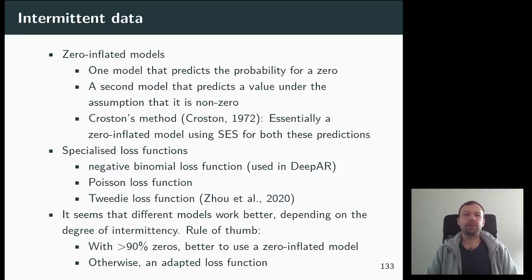Another way to deal with intermittent data is to use a specialized loss function, for example, a negative binomial loss function like it's used in DeepAR. You could have a Poisson loss function, or you can use a Tweedie loss function that seems to work quite well.